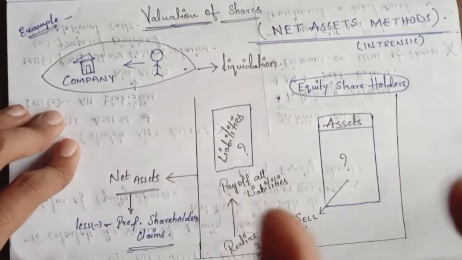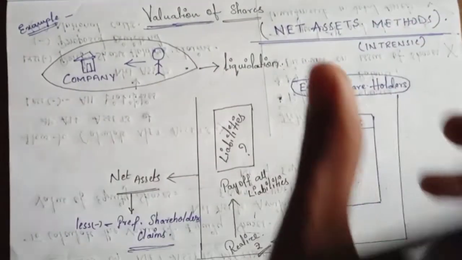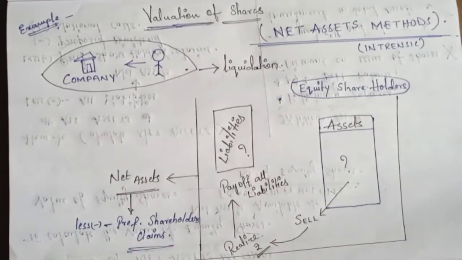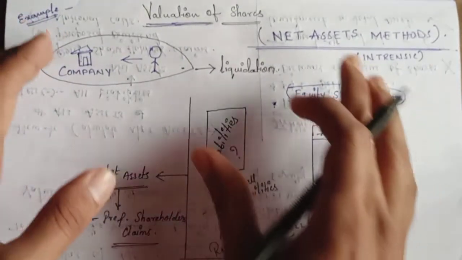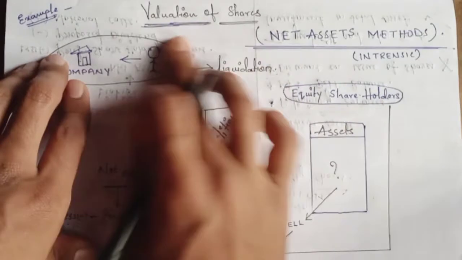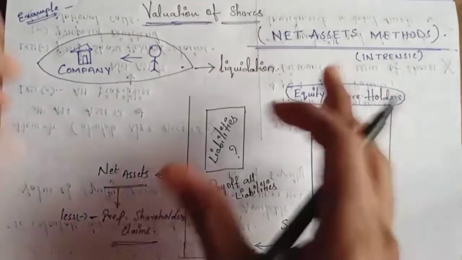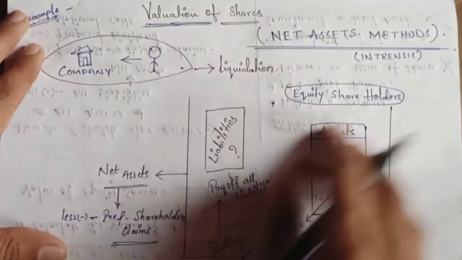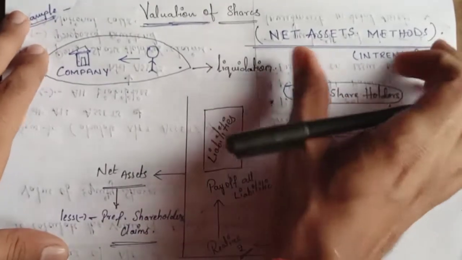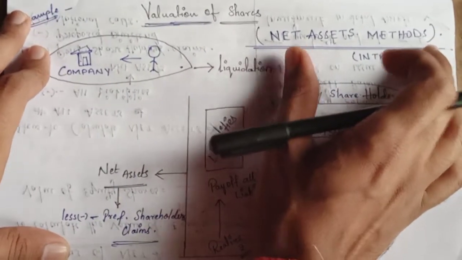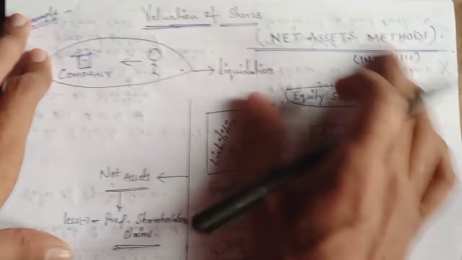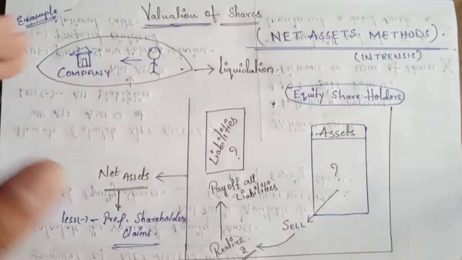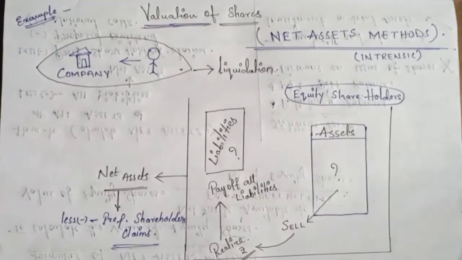We will get the pure net assets value of equity shareholders, right? So this is the concept of the net asset method under the valuation of shares chapter. Okay. So now we will put all this into a formula, and we will see how to calculate the net assets of equity shareholders with the proper formula. So let's see the formula.